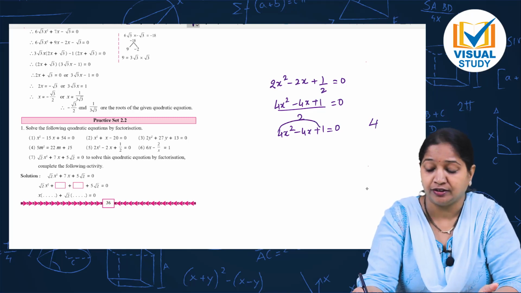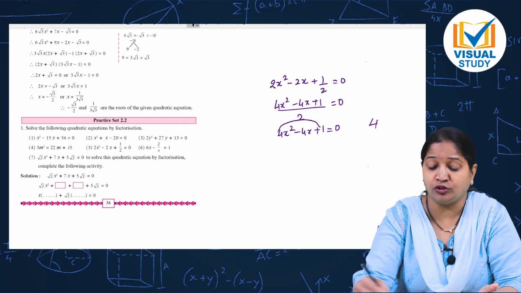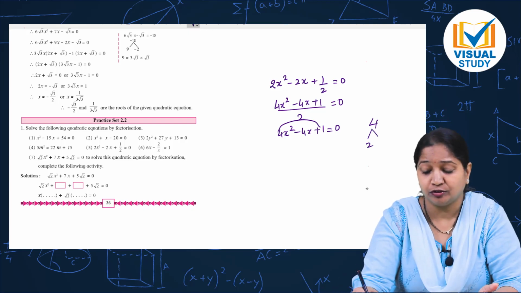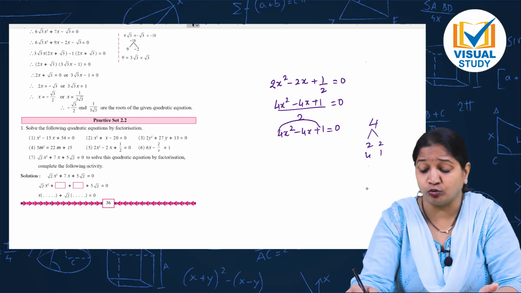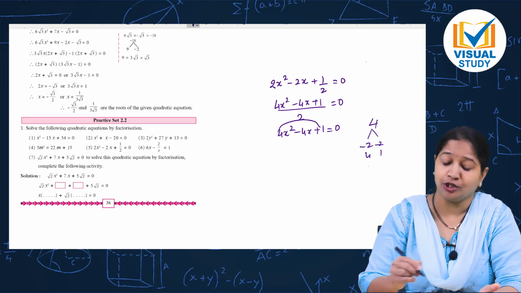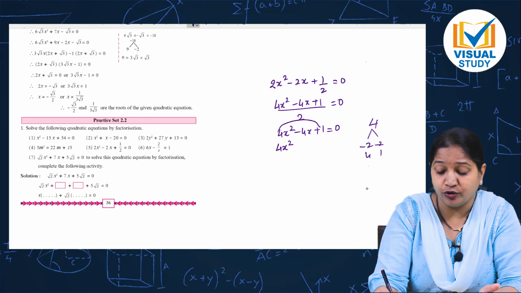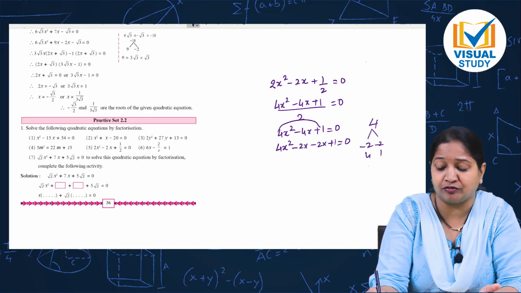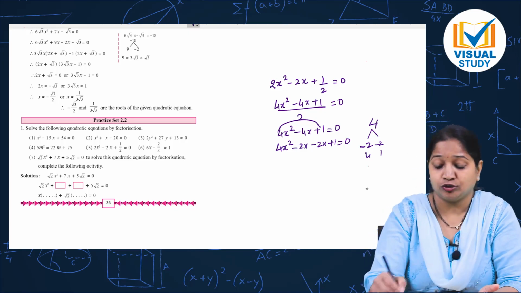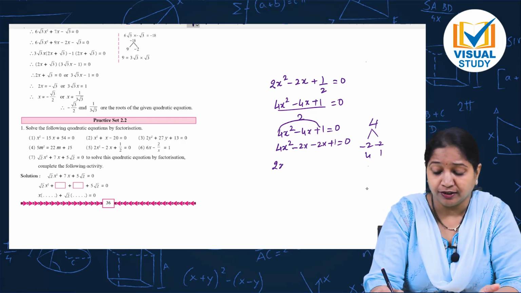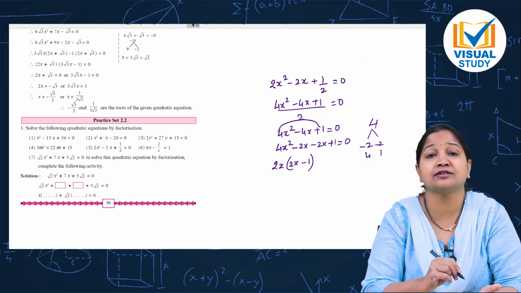Now see the factors of this. 4 into 1, that is 4. What are the factors of 4? 2 into 2 and 4 into 1. So we'll consider 2 and 2, that is minus 2 and minus 2. Okay. 4x square minus 2x minus 2x plus 1 equal to 0. So what is the common factor in these 2? 2x. So you get 2x minus 1.